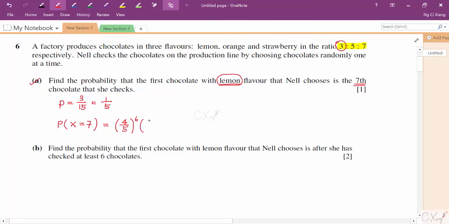And the last one, the 7th chocolate, will be the lemon flavor, which is 1 over 5. So the probability is equal to 0.0524, correct to 3 significant figures. So this is what we have for part 1.